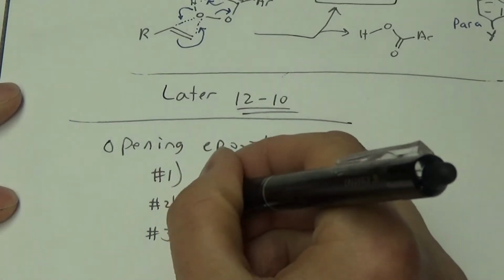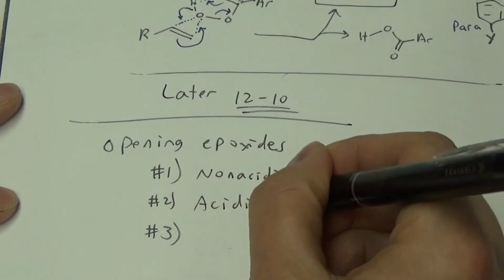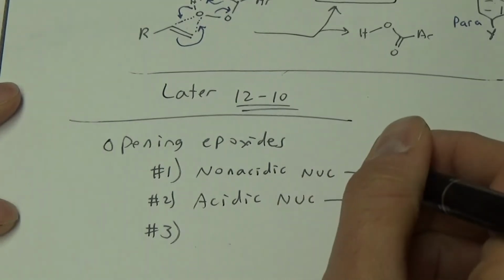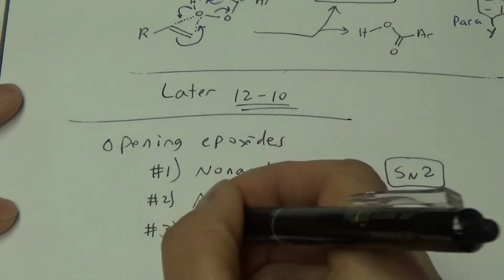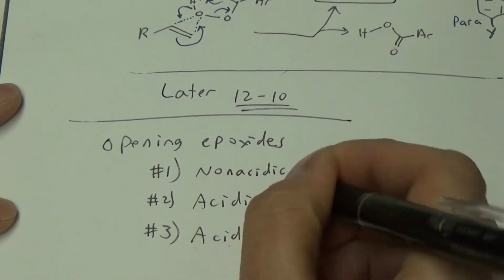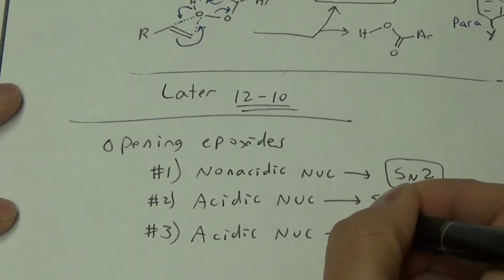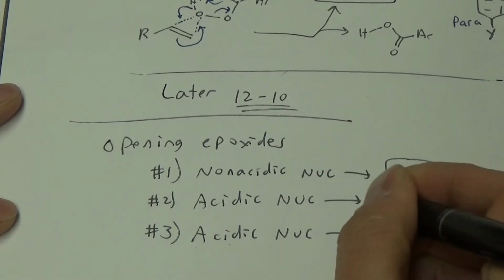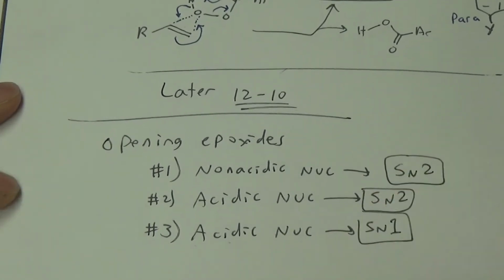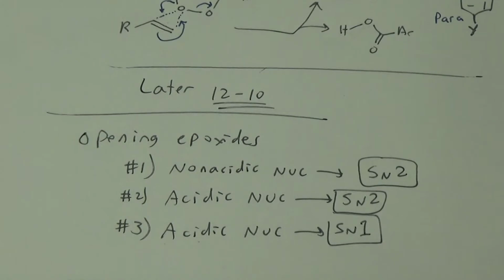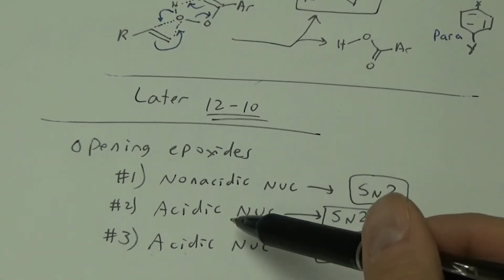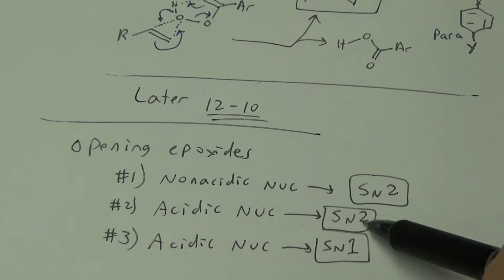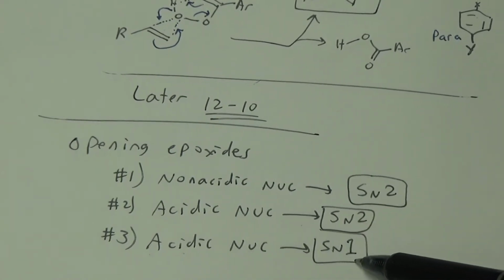Okay, if we have an acidic nucleophile, it's either going to be SN2 or SN1, depending on the epoxide. So if it's non-acidic, it's always SN2. If it's an acidic nucleophile, it can be SN2 or it can be SN1.